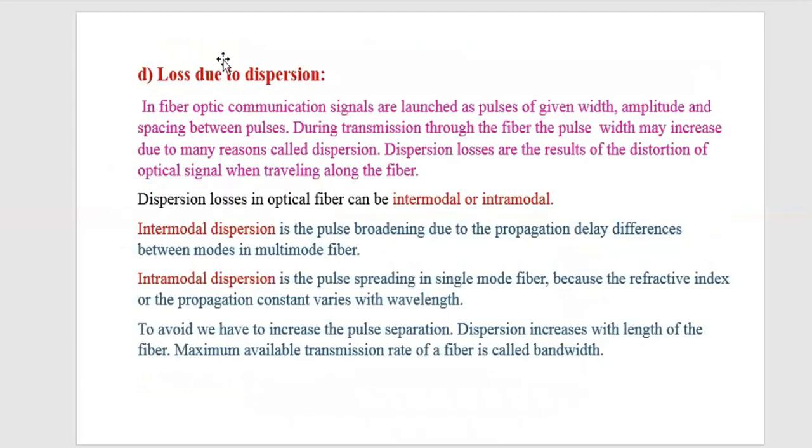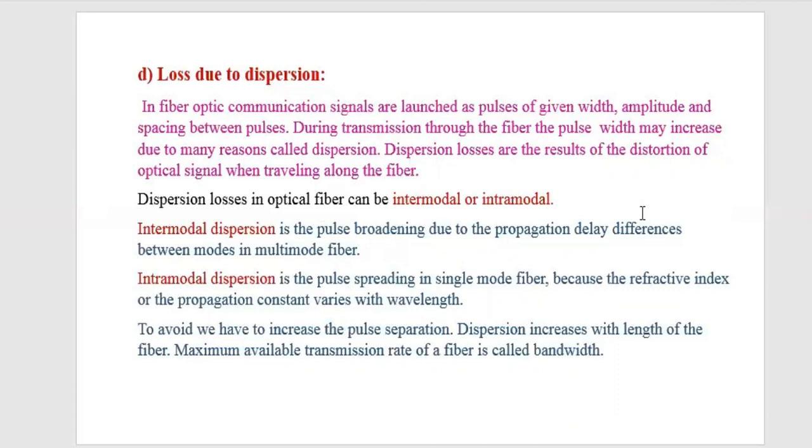Okay, then the fourth type is losses due to dispersion. When the light rays pass through this material, the pulse width may increase, the amplitude may increase, or the spacing between the pulses may increase. So this decreases the output intensity. These types of losses are called dispersion losses.